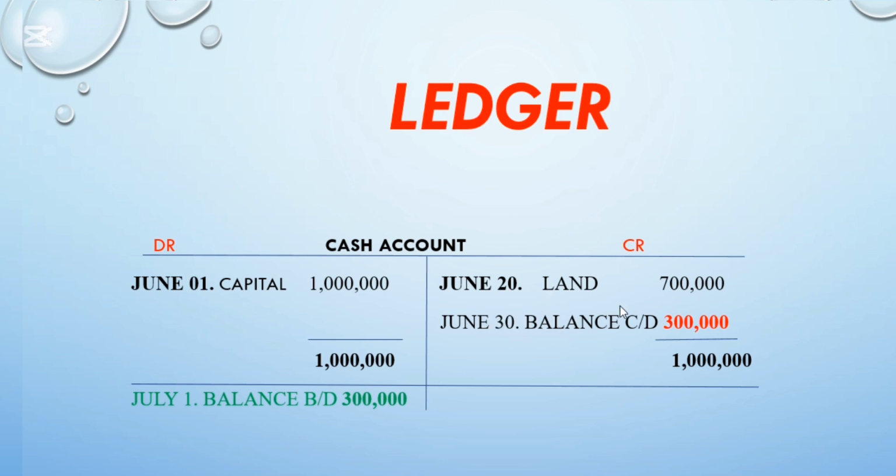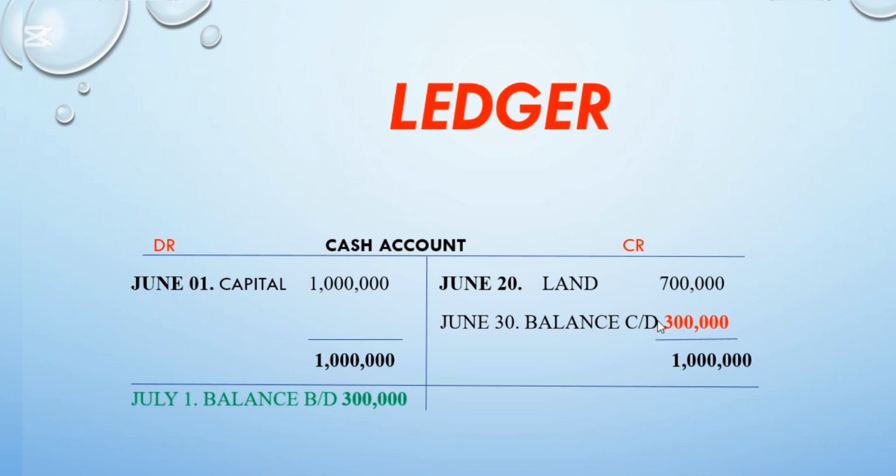So you can see that the balance carried down is supposed to be found on the side where there is the minimum balance. So it is equivalent to 300,000, because it is 1 million minus 700,000, which is equivalent to 300,000 Rwandan dollars.